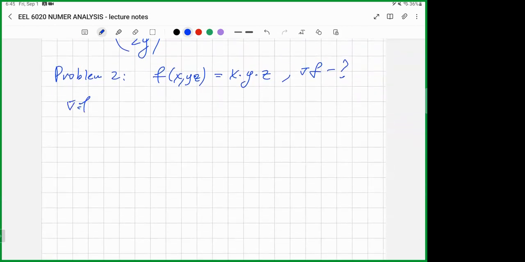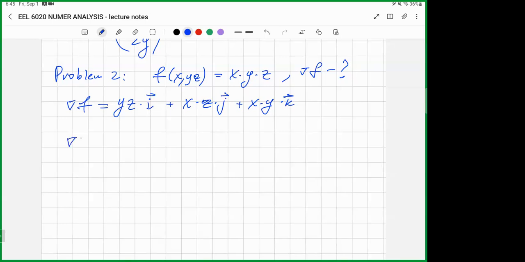Again, the nabla f gives me the first derivative by x, so I get yz times i, then plus the second by y, so I get xz times j, and then the third one is by z, so I get x times y times k, right?